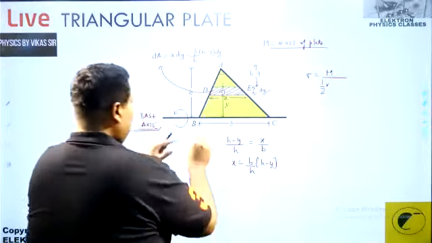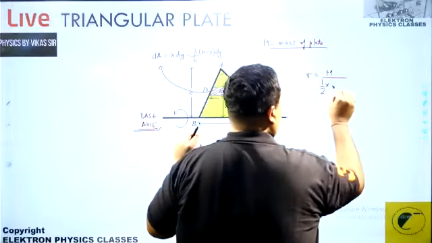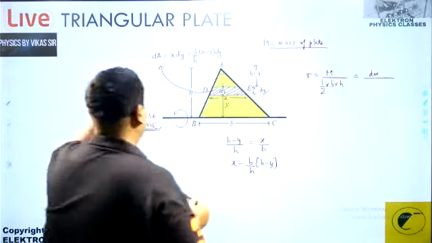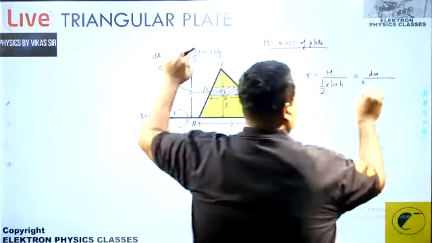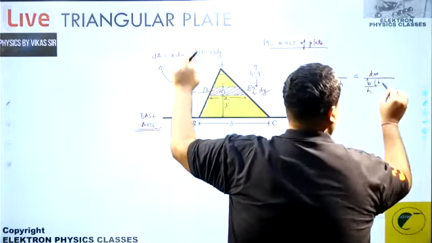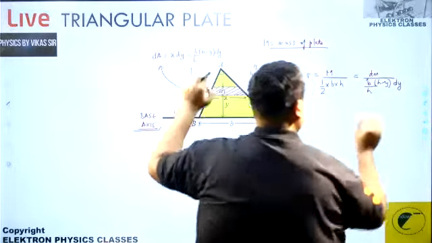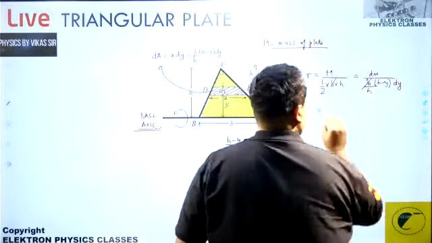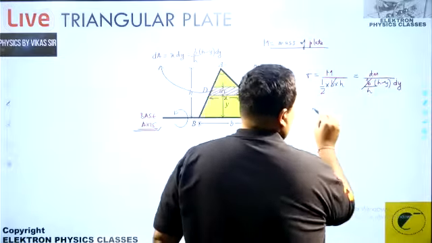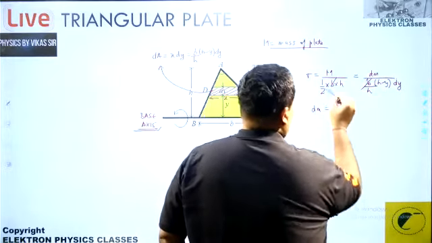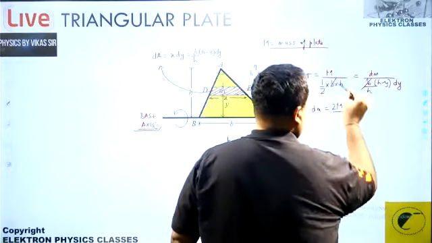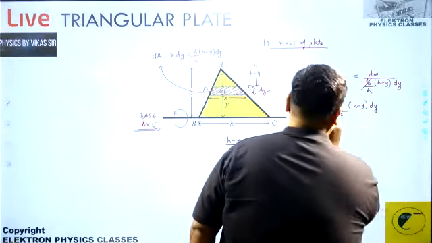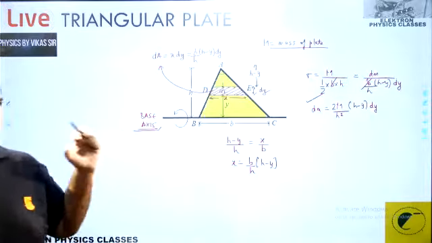Half into base into height. So half into b into h is equal to dm upon dA, that is b upon h into h minus y dy. From where I get the value for dm, in which this b gets cancelled out. So dm becomes m, this 2 goes up, 2m upon h square into h minus y into dy. So I am able to get a value for dm, the mass of this strip.